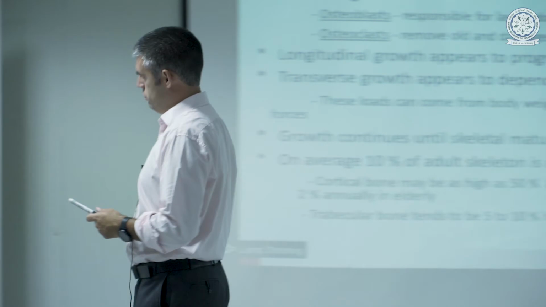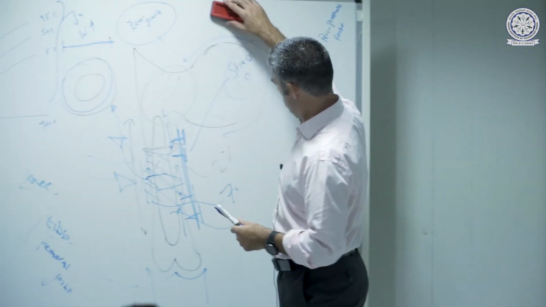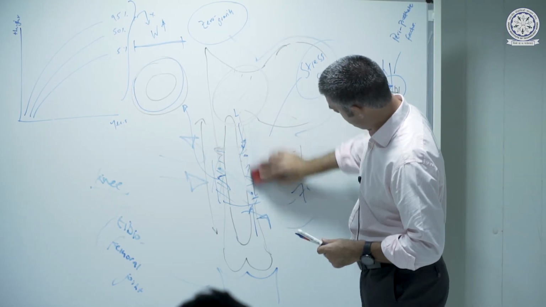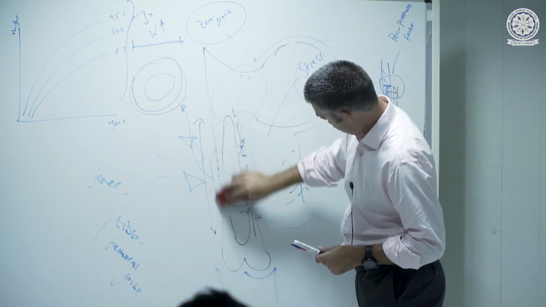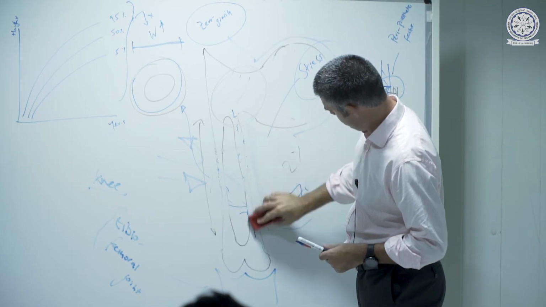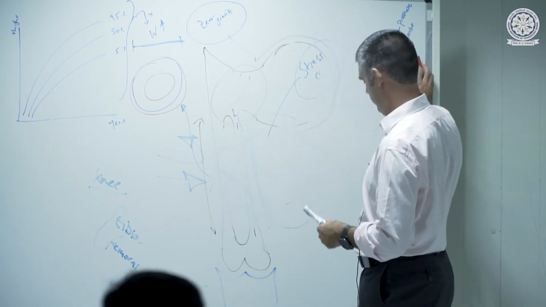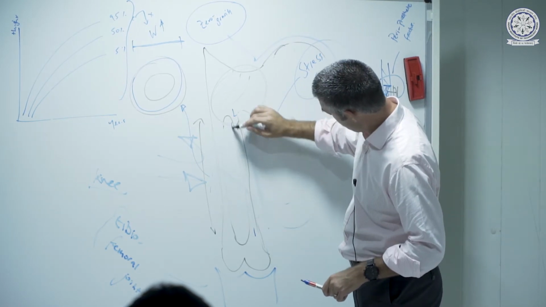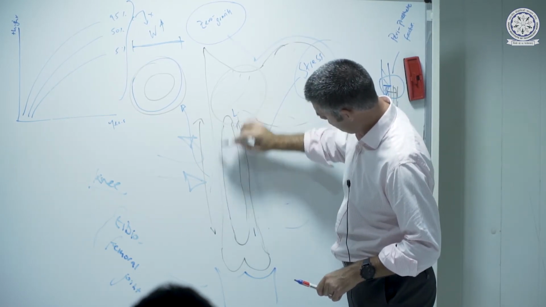Very quickly touching on this and trying to reuse this picture again. So if we get rid of our previous, in fact, there we are. So there's our femur being reinstated.